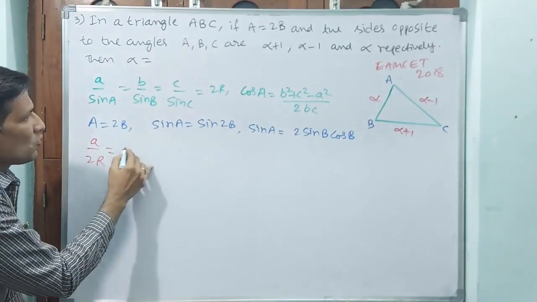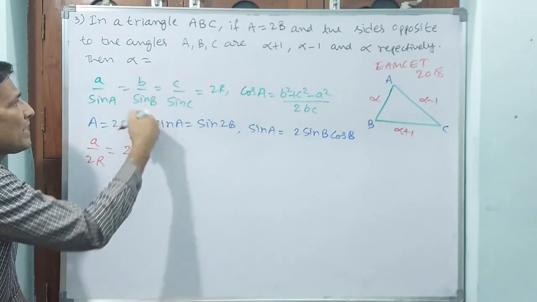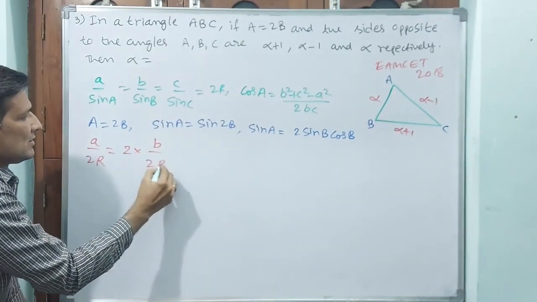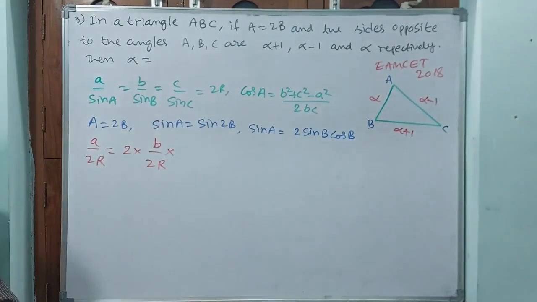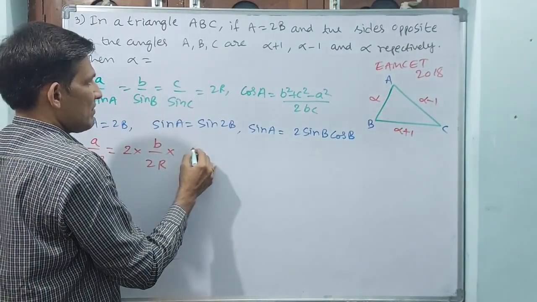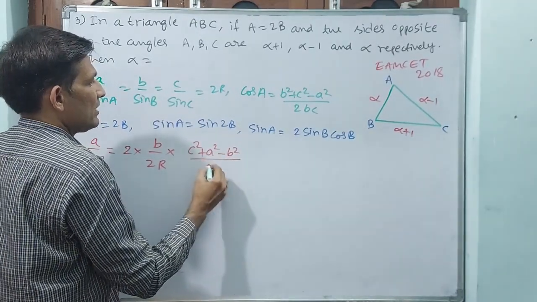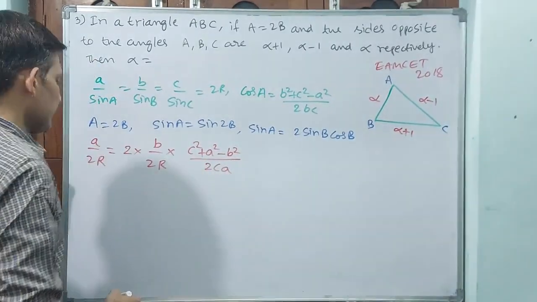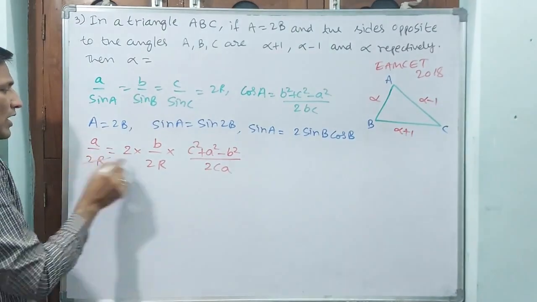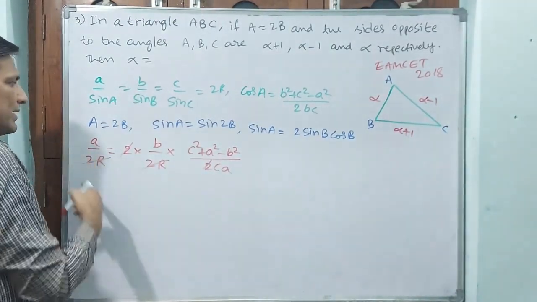That is equal to 2 into sin B. Sin B means you see b/2R, into cos B. Cos B means what? Actually for A, BC will come; for B, CA will come: (c² + a² − b²)/2ca. Okay? See here, 2R you cancel out, 2 you cancel out. Then ca.